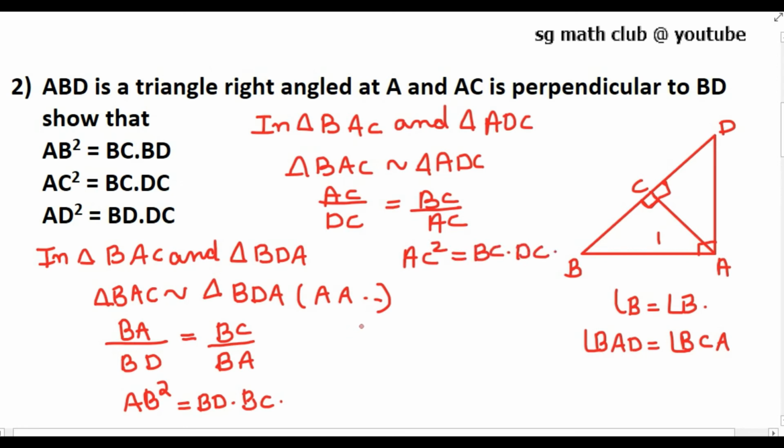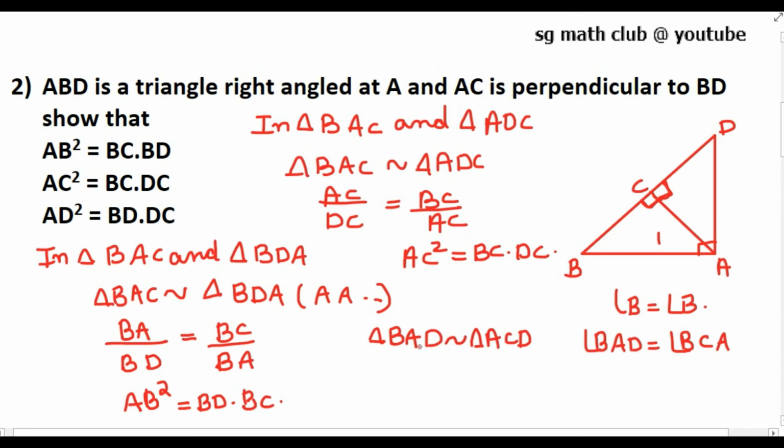Now the third one. Again, with the same triangles, if you take the triangle BAD, the full triangle, it is similar to the triangle ACD. Here also we can say that angle A and this angle are 90 degrees, and angle B is common to BAD and ACD.